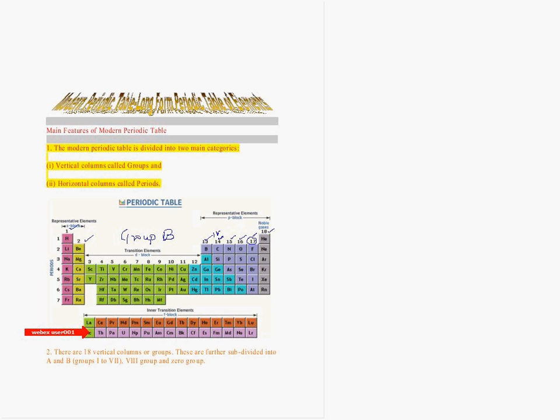It is actually an element that starts with T. This is technetium, T-E-C-H. You're very correct. This is technetium, and it is right over here. This is the d block element.